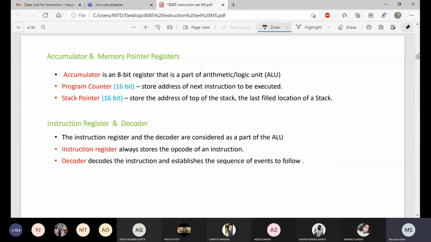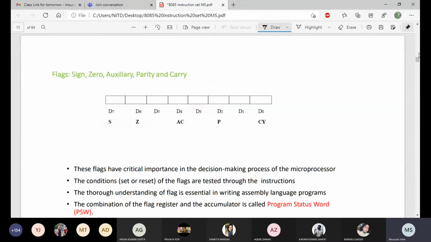The stack pointer handles the stack, and the instruction register always stores the opcode. An instruction has two parts: opcode and operand. Suppose you want to add 5 plus 6, so the opcode is add and the operands are 5 and 6.